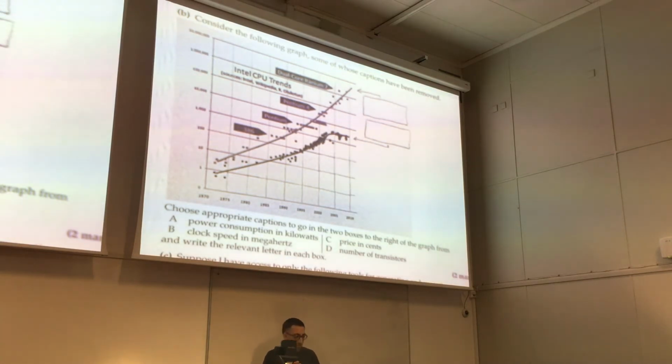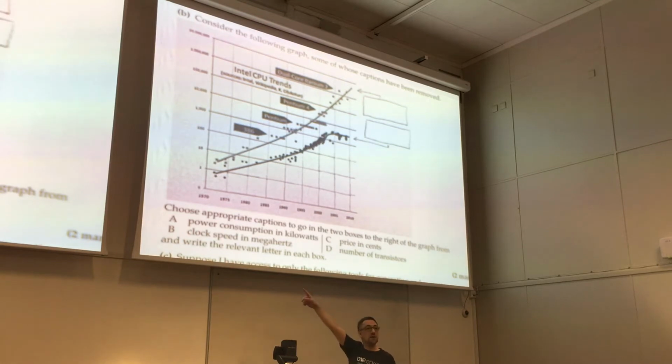But this is actually one of the most important pictures in computer science. I don't know if you can quite see. Along the x-axis is time. At the far left we have 1970, and then we go up in half decades to 2010 on the right hand side.